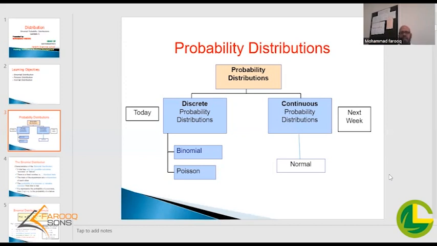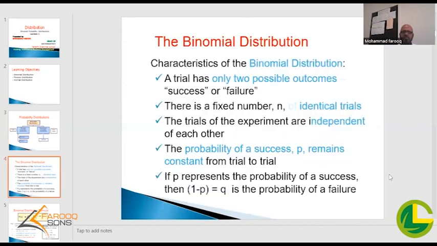There are many distributions which follow a discrete random variable. Initially we start with binomial, geometric, Poisson, and similarly there are many. We are discussing these three, and for continuous we are using normal distribution because it's in the syllabus, the course outline showing these distributions. Now, binomial distribution.